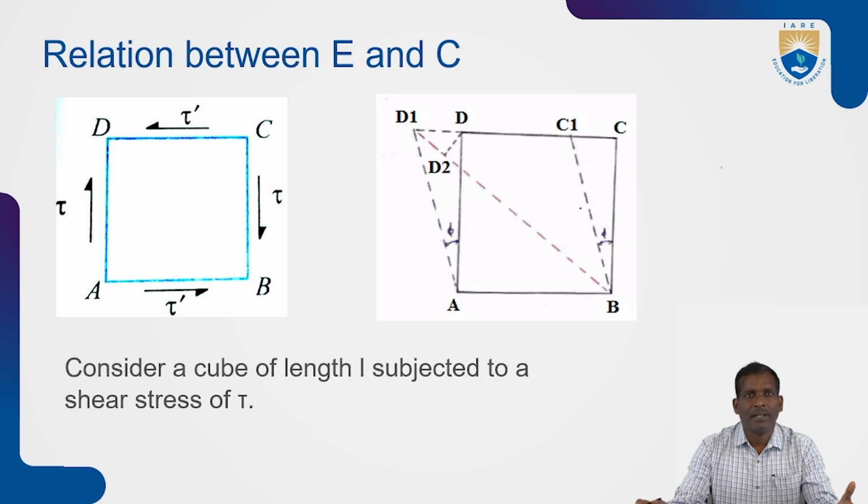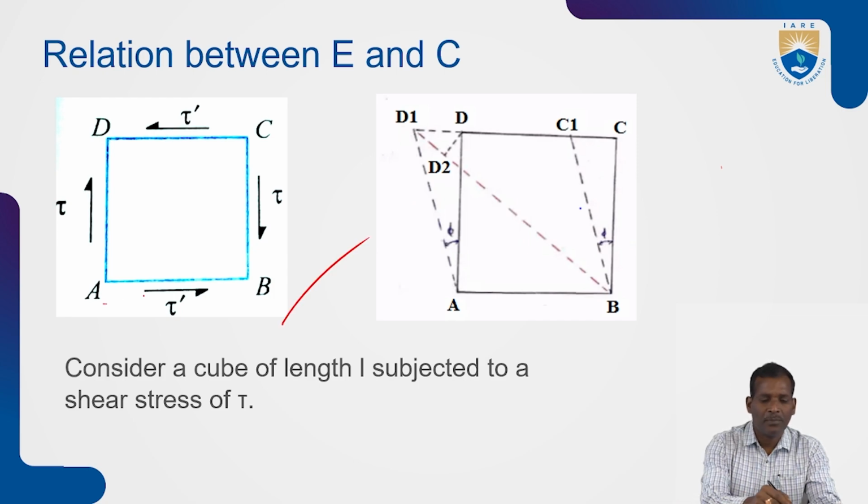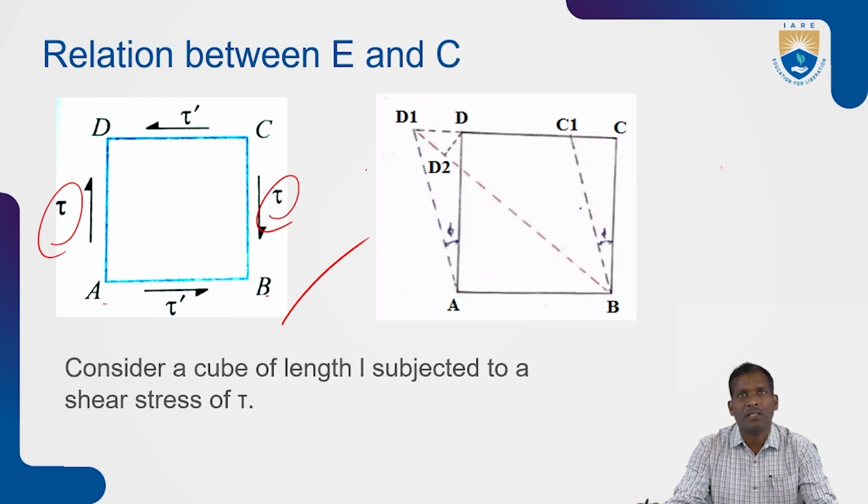First we will consider a cube of length L, that is ABCD, subjected to a shear stress of tau. What will happen?